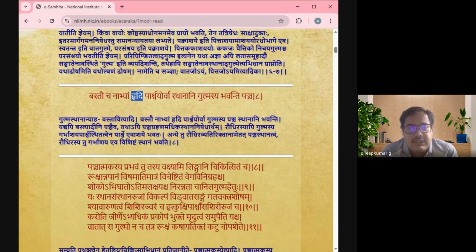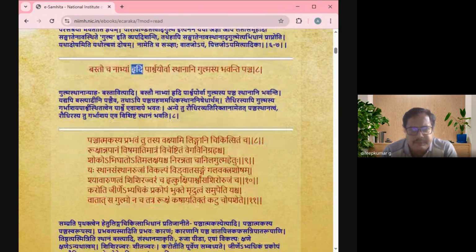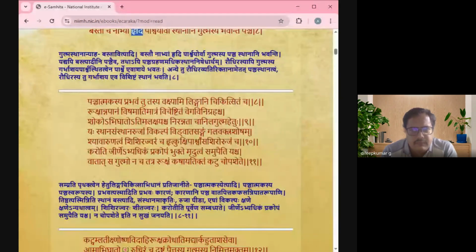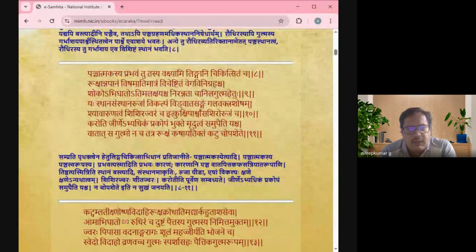So that is the Hrudi sthana. Parshvayor, parshva means the hypochondrium, lumbar and iliac regions of the abdominal quadrants. So Basti, Nabi, Hrudaya, Parshva, these are all the five sthanas of Gulma. So five types of Gulma can develop in these areas.